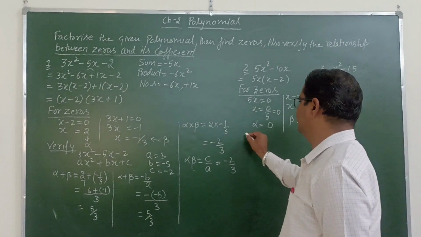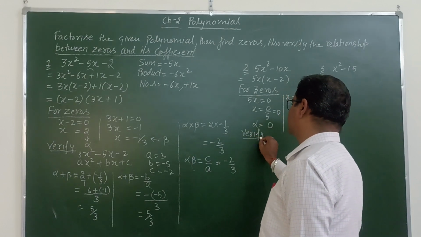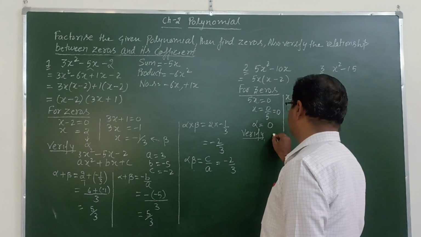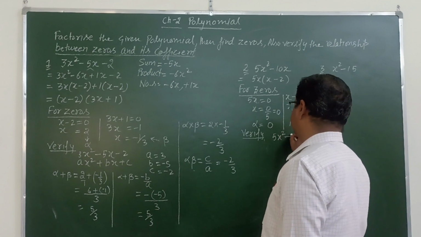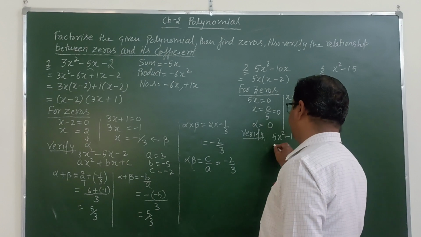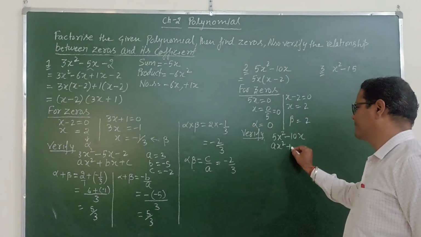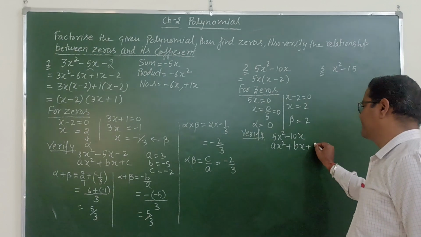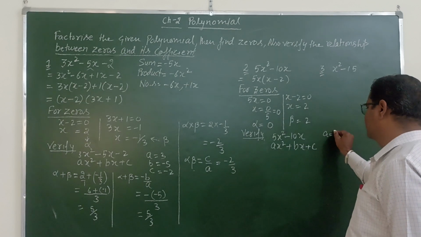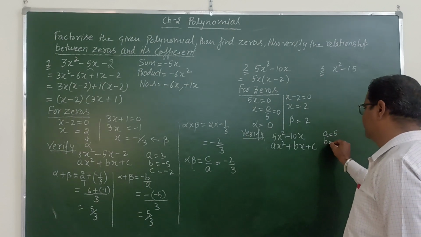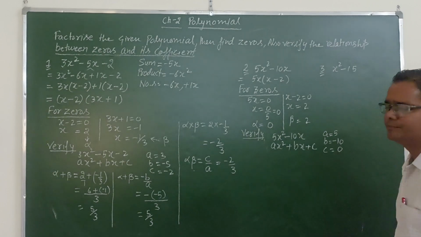Now for verification, compare the equation 5x square minus 10x with ax square plus bx plus c. What is the value of a now? A is 5 and b is minus 10 and here c is equal to 0.